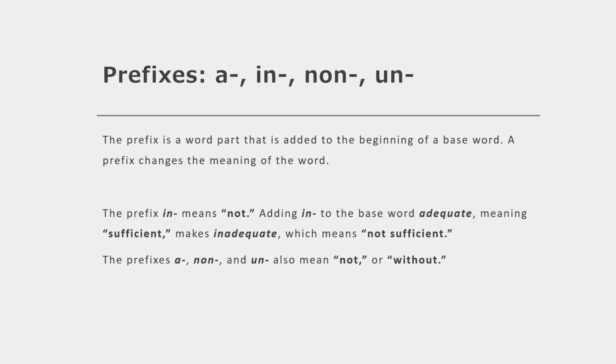Adding "in" to the base word adequate, meaning sufficient, makes inadequate, which means not sufficient. The prefixes "a", "non", and "an" also mean not or without. So in general, they have the sense of negation. Okay?